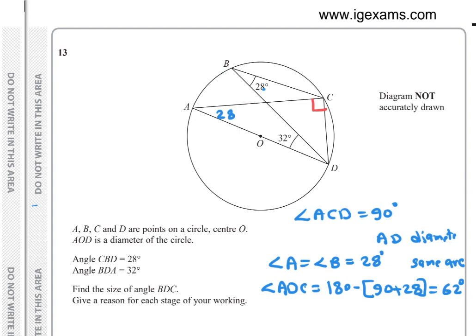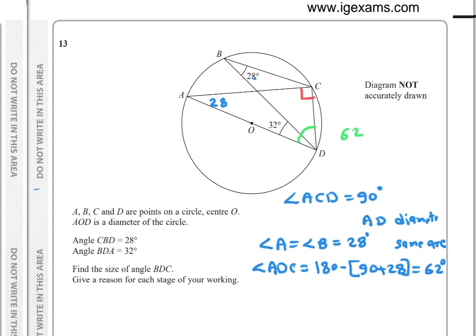Now angle ADC is 62. So to find angle BDC, you have to subtract 32. So angle BDC equals 62 minus 32 equals 30 degrees.